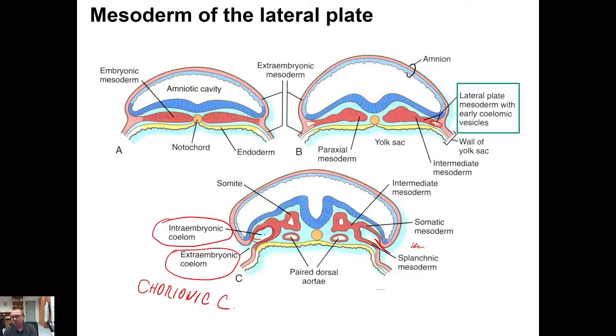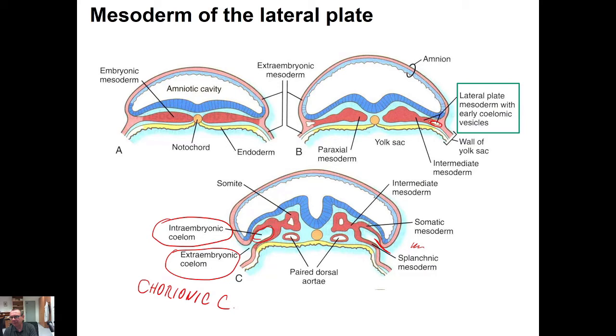So a new space is forming between two layers of lateral plate mesoderm, and these two layers have the same names as the layers in the wall of the extraembryonic coelom. So again, somatic and splanchnic, or somatopleuric and splanchnopleuric mesoderm.